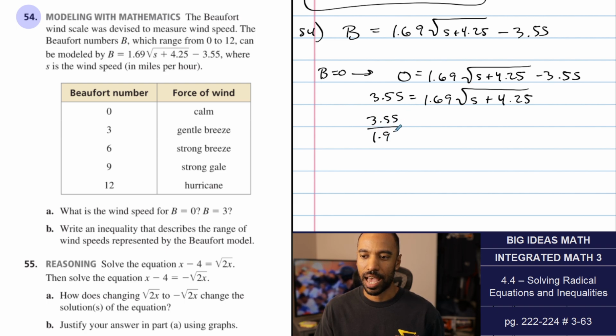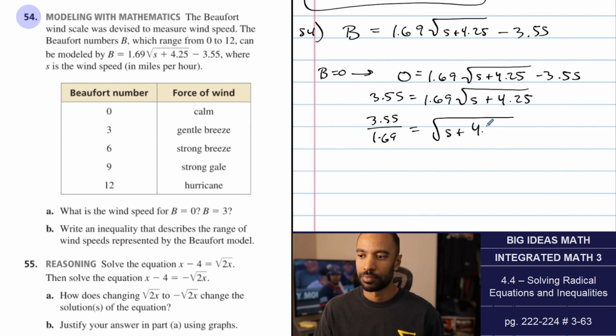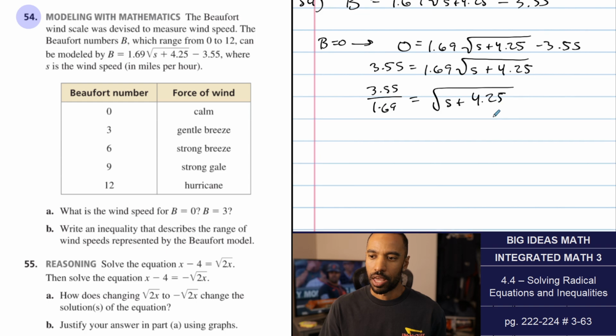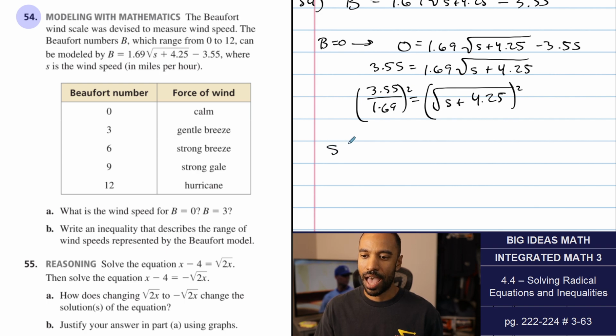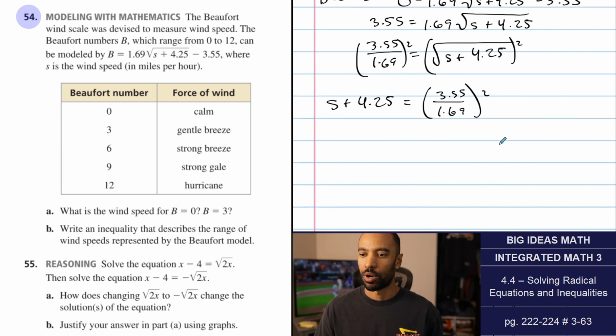Now, that's not an exact answer, so I'll probably leave it like that. Plus, there's another number we're going to have to do with that later. We're going to square both sides. So s plus 4.25 equals 3.55 over 1.69 squared. And we're going to subtract 4.25 from both sides.